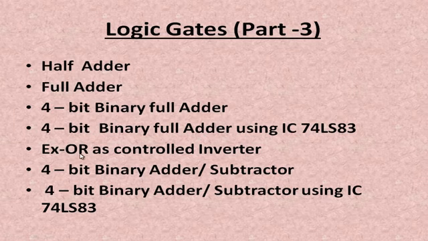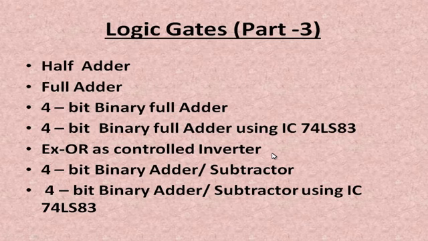Now the next topic is XOR as a control inverter. The XOR gate has an interesting property. It gives the complement of the input at the output. We have to use this property in the next topic. Next is the 4-bit binary adder cum subtractor, which means we can perform addition as well as subtraction with its help.